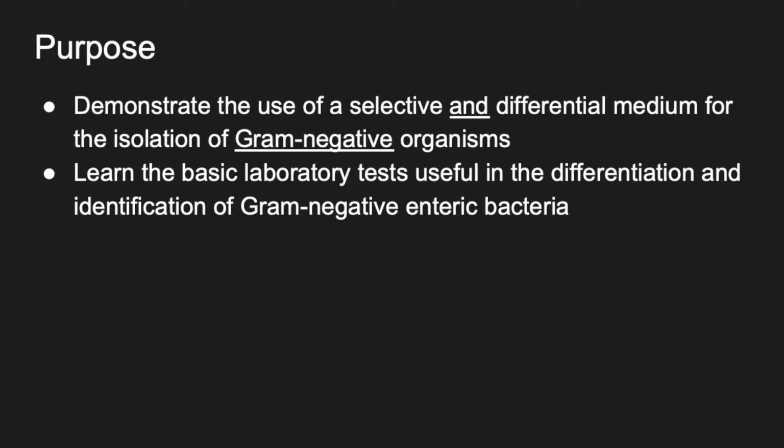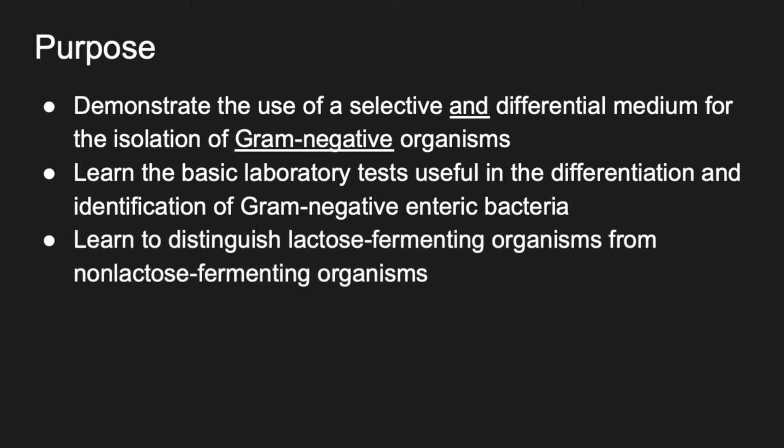Another purpose is to learn the basic laboratory tests useful in the differentiation and identification of gram-negative enteric bacteria. You're also going to learn to distinguish lactose fermenting organisms from non-lactose fermenting organisms. We also do that using the selective and differential media that we know as MacConkey agar.